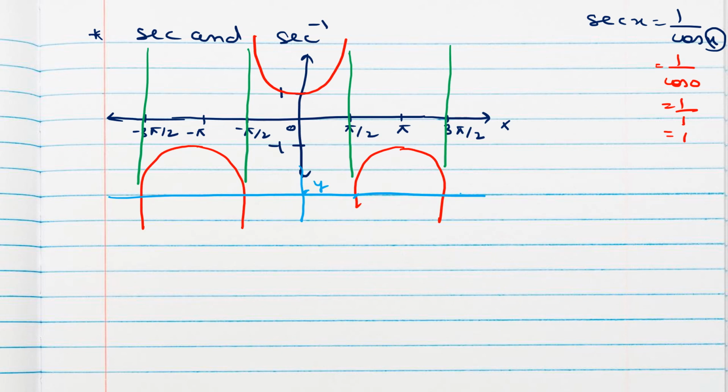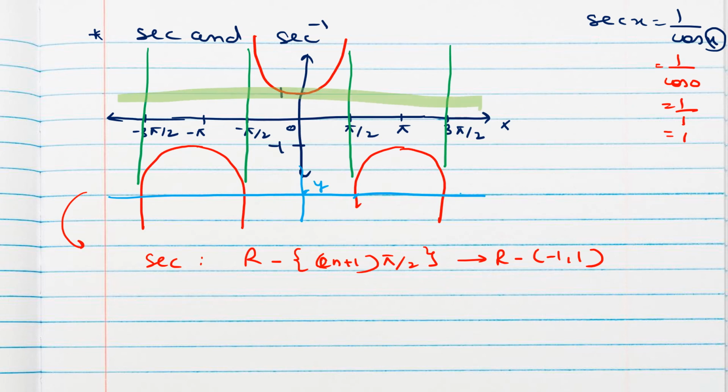The domain and range of this graph is R minus those points at which we are getting undefined, to R minus (minus 1 to 1). Here also this particular band is not coming. So that's why the range is R minus (minus 1 to 1).